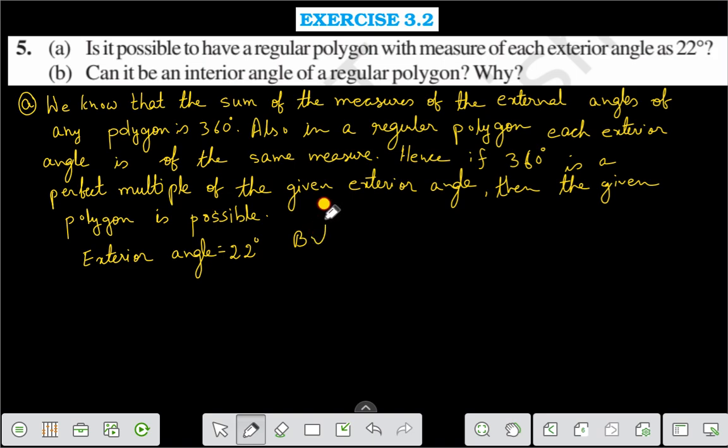But here you can find that 360 degrees is not a multiple of 22 degrees.